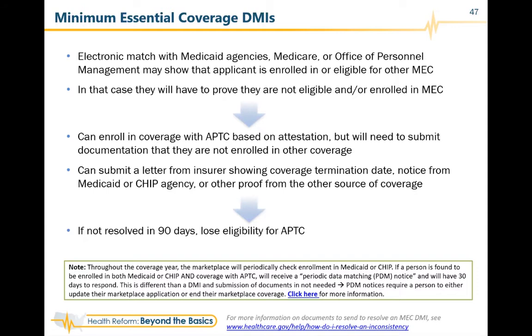And if you don't resolve this within a certain time period, then they will yank the APTC. But again, as in other cases where APTC is terminated, you are still enrolled in coverage. And so if you can continue paying the full premium, that's great. You can continue to stay in that coverage, but you won't be able to receive APTC.